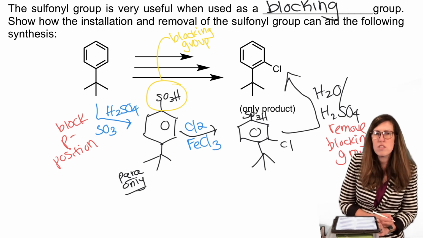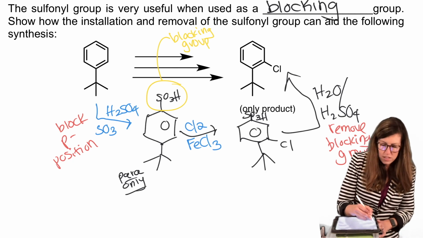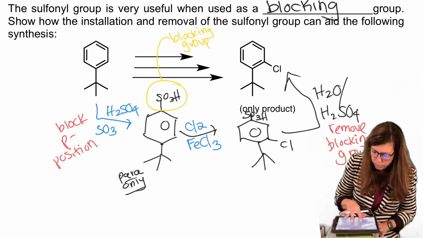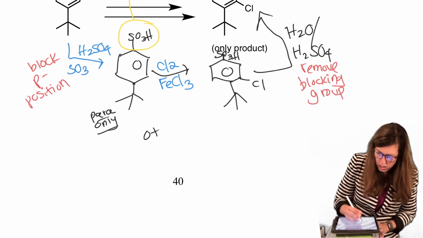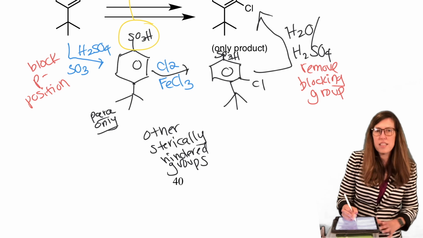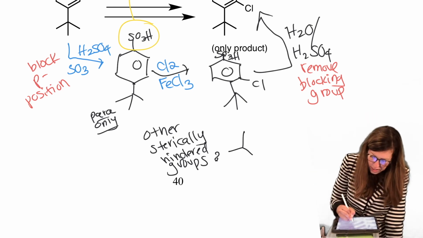So what else is that useful for? T-butyl, isobutyl, isopropyl. So other sterically hindered groups. I mean, I can't list them all because I could invent a whole ton of them. But if you see like a ring, right?